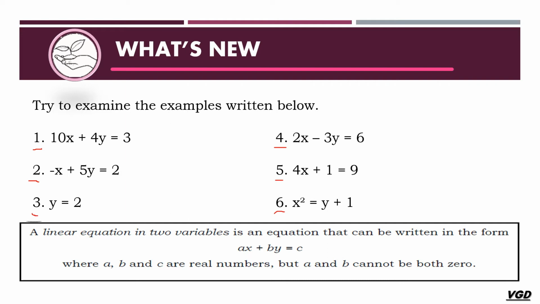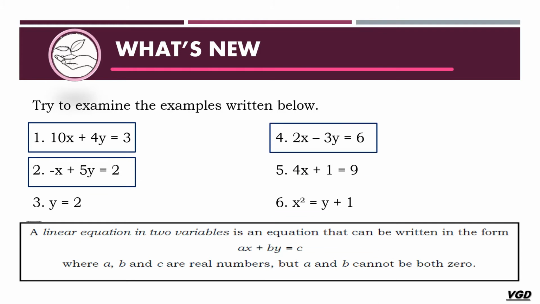Alright, were you able to recognize which of these examples are linear equations in two variables? Can you identify? Yes, you are right. Only item numbers 1, 2, and 4 are linear equations in two variables since they contain the x and y variables whose exponents are both 1, and a, b, and c are real numbers.